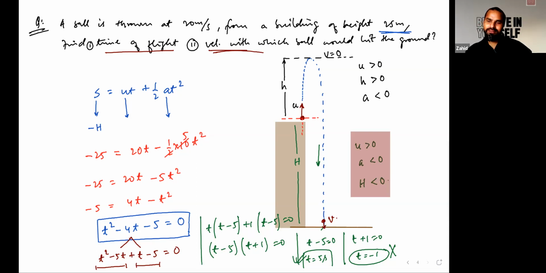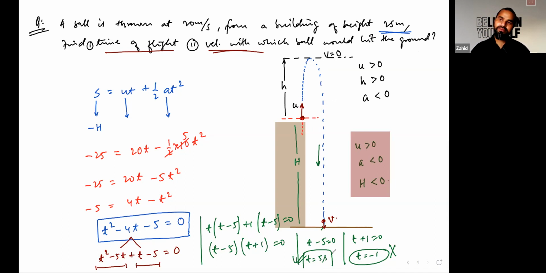Check your calculation. I'm not asking about this particular velocity. I'm asking for this one, the velocity with which it will hit the ground. Use the first equation of motion. We have u to be positive 20 meter per second, gravity to be minus 10 meter per second square, and time of flight is 5 seconds.